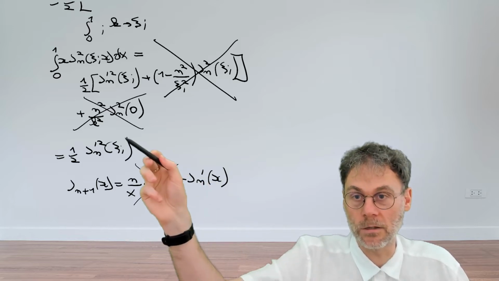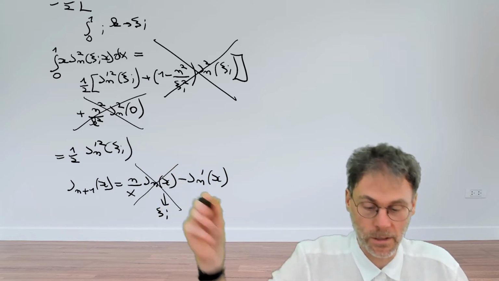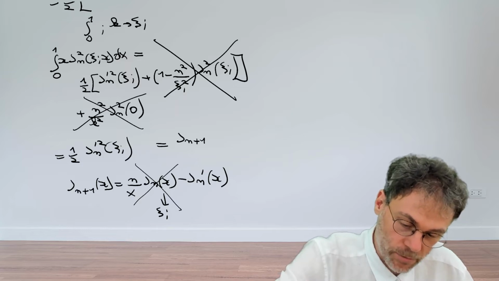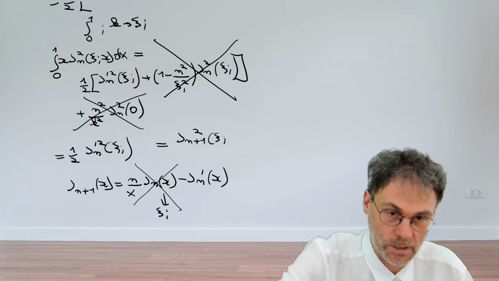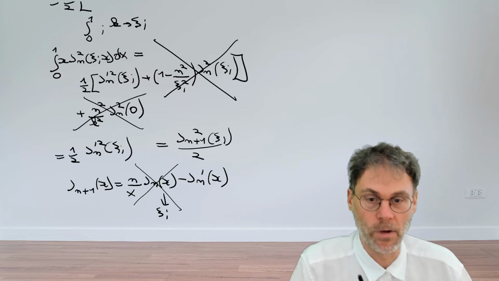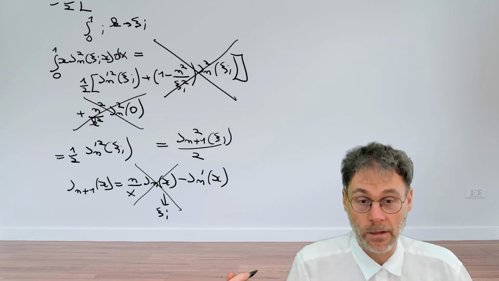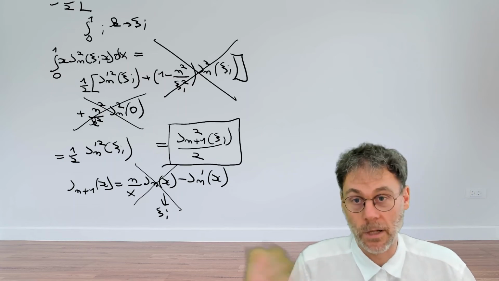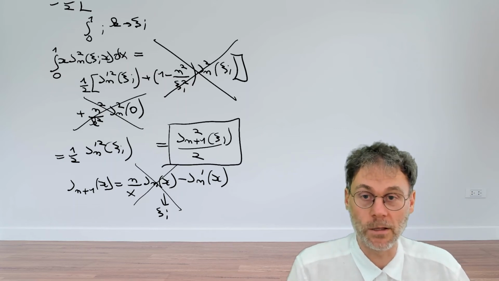If we take the square, as we should do here, then the minus signs will disappear. So finally, we can also write this as j n plus 1 squared psi I divided by 2. And that's a very simple looking end result of a, let's admit it, scary and complicated integral.